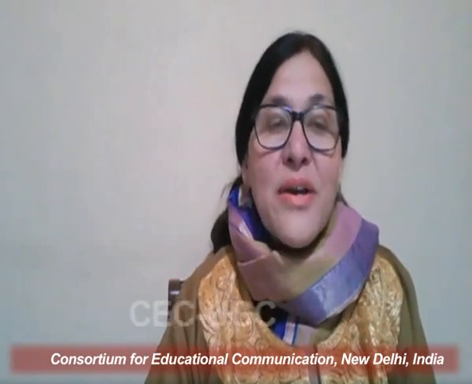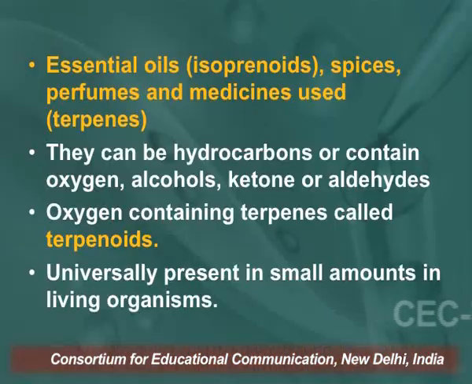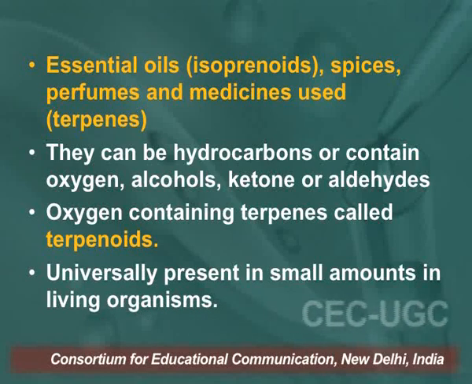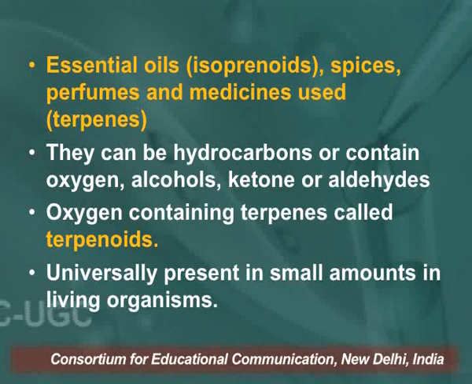Structurally, they contain the isoprene unit. They can be hydrocarbons or contain oxygen, as alcohols, ketones, or aldehydes. Oxygen containing terpenes are called terpenoids. So the terpenes which have oxygen in their isoprene unit structure are called terpenoids.